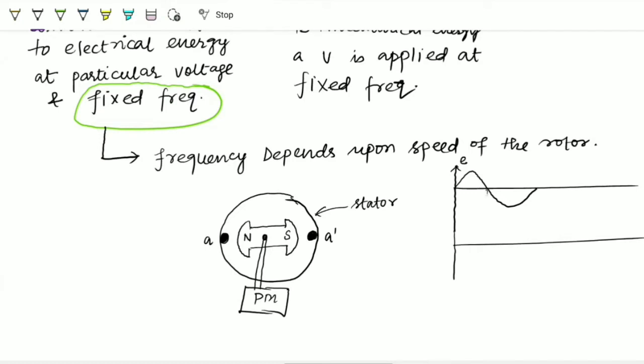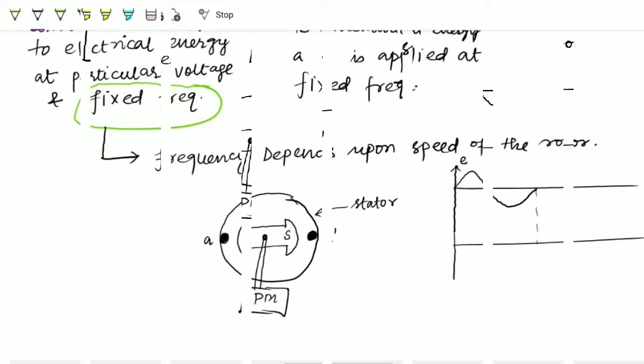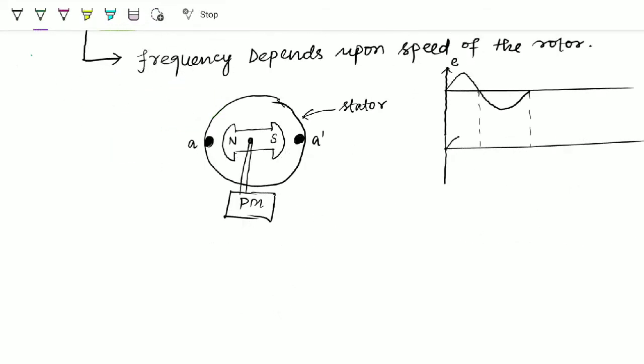And if this rotor is rotated twice in a second, then we will get 2 cycles of the voltage in the same period of time.